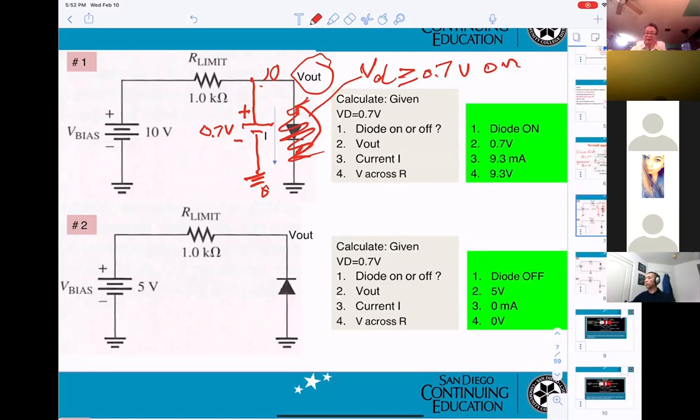That means the voltage from here to here. 0.7. That means you measure the voltage across the battery, 0.7 volt. Make sure you understand: when you measure the voltage across the battery, you get that battery voltage.